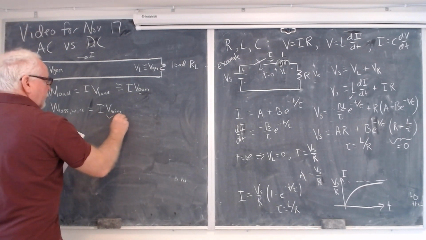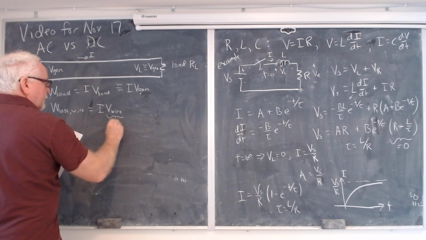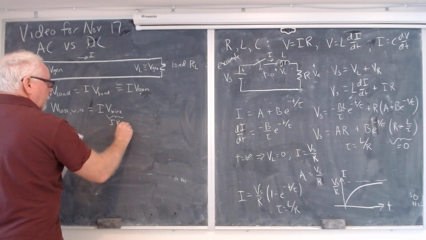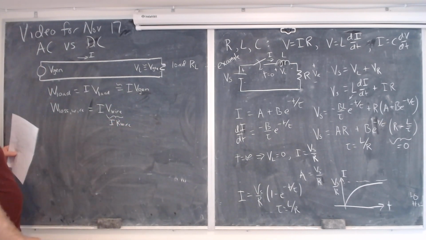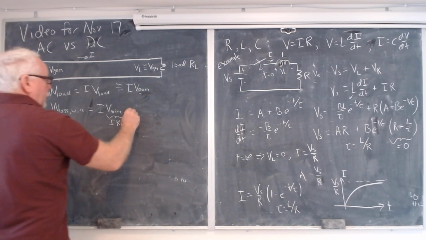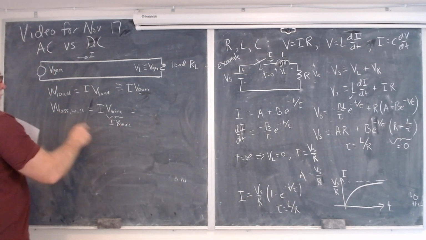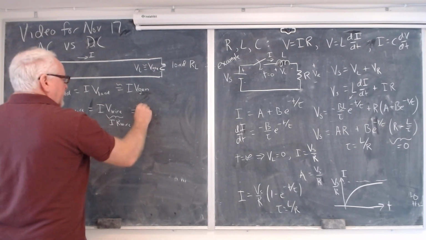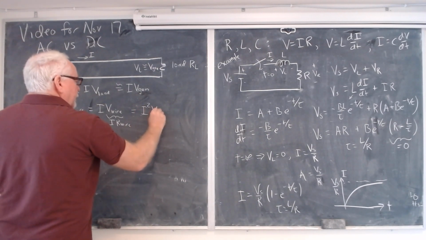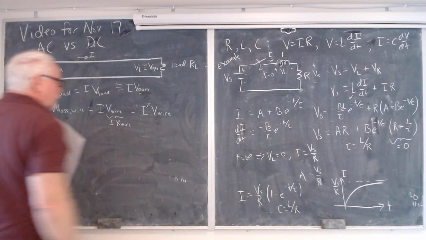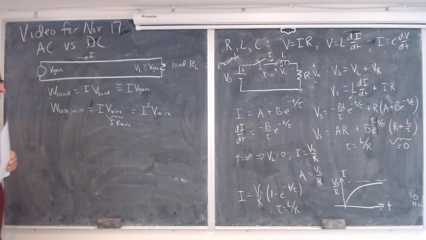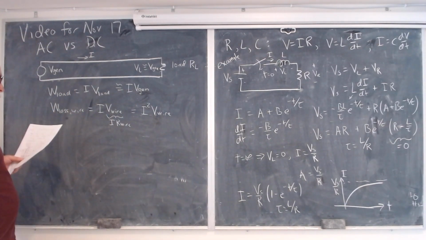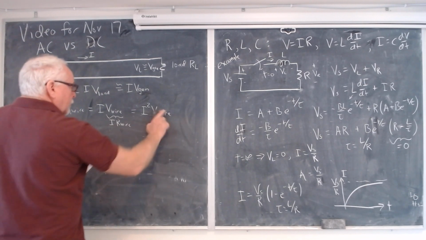Well, that's equal to I times the resistance of the wire, V equals IR. And so the power loss across the wire is I squared R wire.